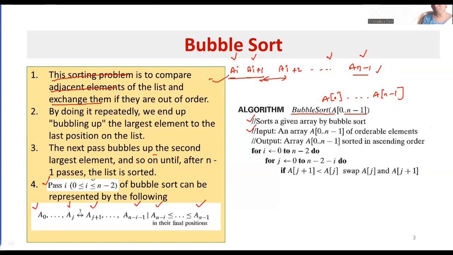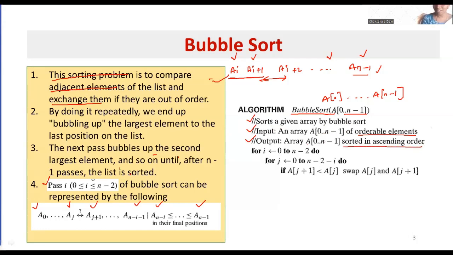The second comment says an array is taken as input of size A of n, represented A of 0 to n minus 1, of orderable elements, meaning not in order. The output we are expecting is again A of n, from A of 0 to n minus 1, sorted in ascending order.